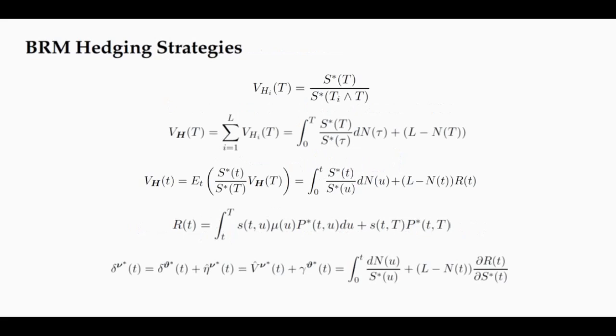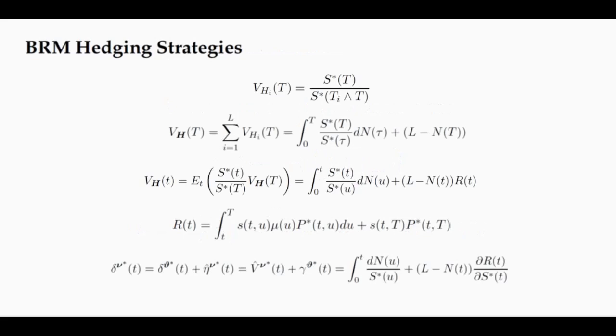And the value of this individual policy at the end of the policy period is given by this amount. If Ti is equal to T, this is equal to 1 at the expiration. And if Ti is less than T, then the policyholder will receive a payment of 1 at Ti.